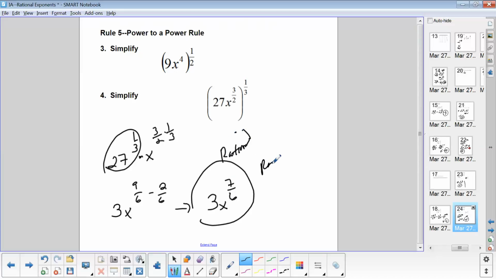If you wanted radical, the x is with the radical, and it would be to the 6th power and the 7th root. Notice the denominator is the root, and it went into the index place on the radical sign, and 7 is the exponent.